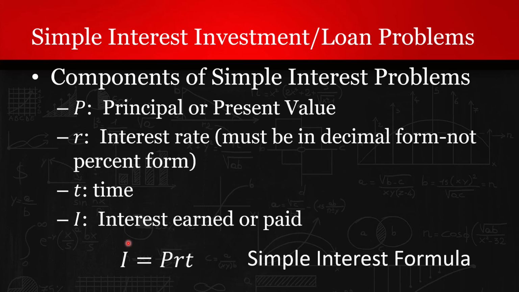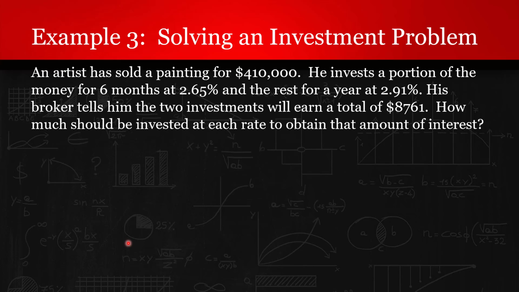And here is the problem that we're going to deal with. Here we have an artist that has sold a painting for $410,000. He invests a portion of this money for 6 months at a rate of 2.65%, half a year, and the rest at 2.91% into another account for a full year.